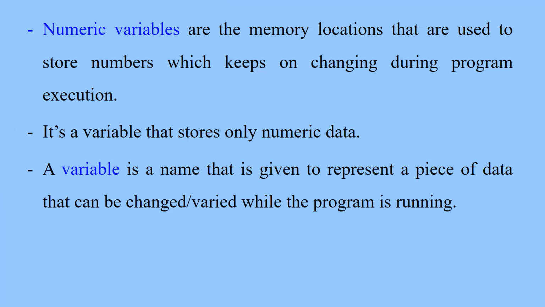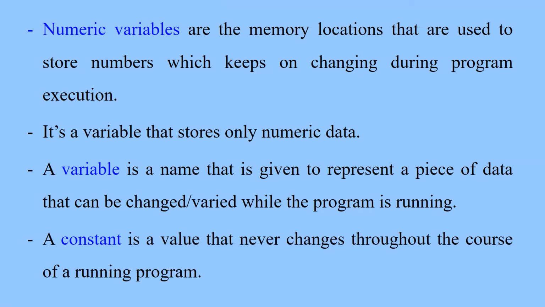But in my subsequent presentations, my dear students and the rest of the learners, you come to understand that in a real sense, a variable is that memory location that is set aside to be holding various data or various content as the program continues to execute. So the content of that memory location continues to change.